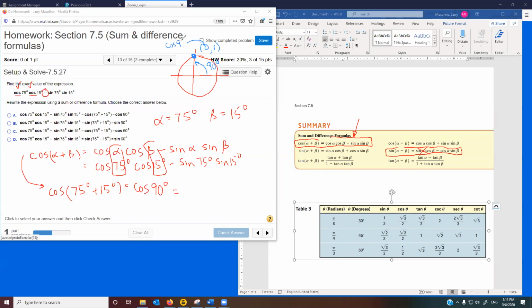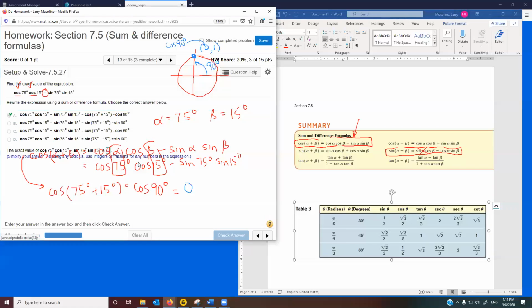So the cosine of 90 degrees looks like it's 0. All right, so I think we have what we need to answer this question. We figured out that this expression simplifies to cosine 75 plus 15. So that looks like answer A. And now they want us to actually work out a numeric value. We work this out to be the numeric value 0.